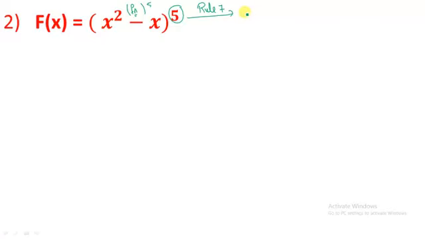If I have a function u raised to power m, then the derivative is what? The power m multiplied by the function raised to power m minus 1 multiplied by u prime, which is the derivative of u. To apply this rule, I have m, which is 5. I have u, which is the quantity inside the bracket, x squared minus x. But I need u prime.